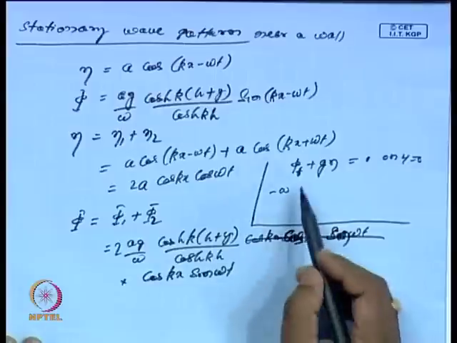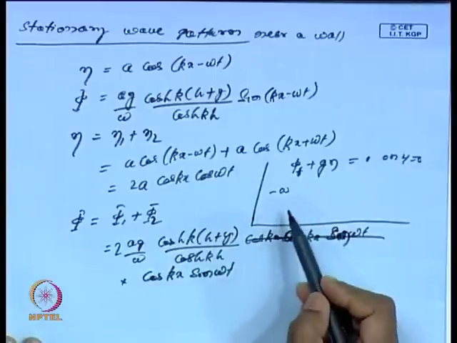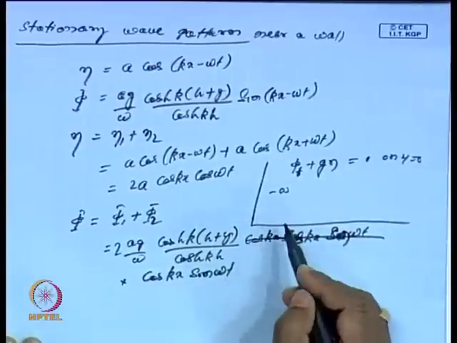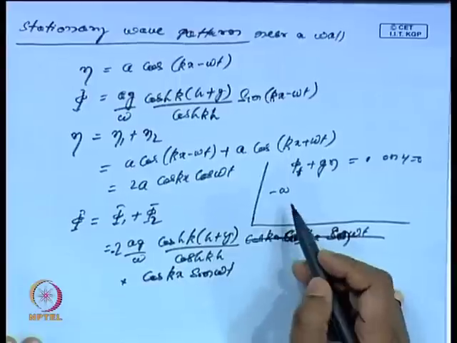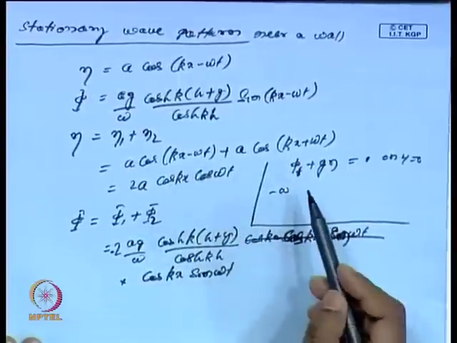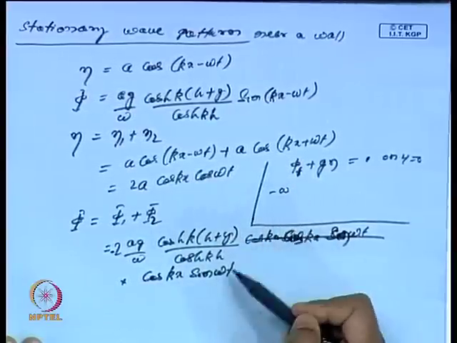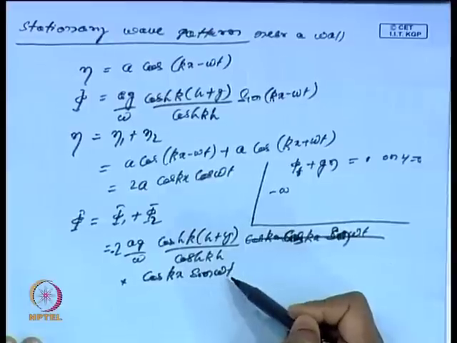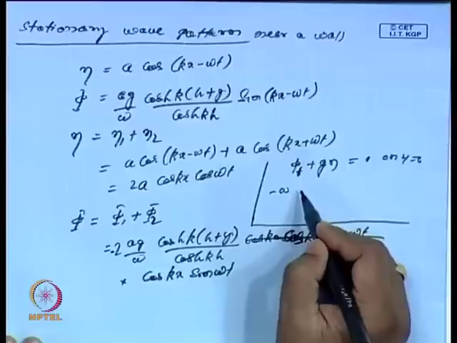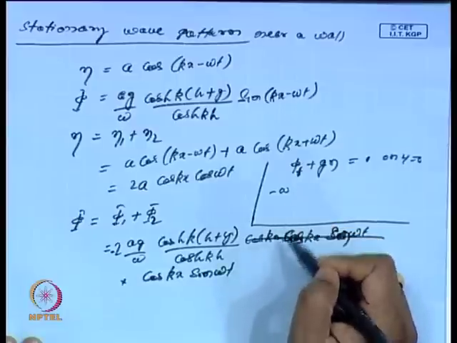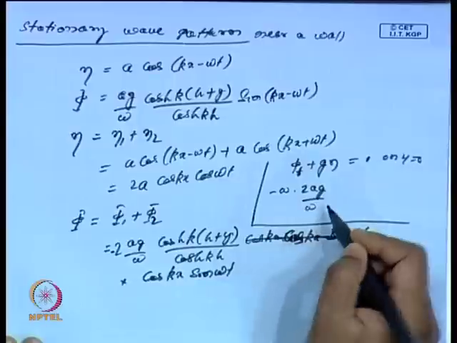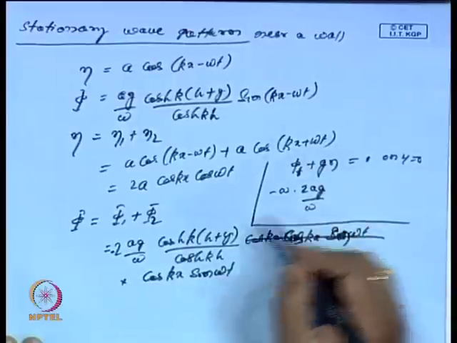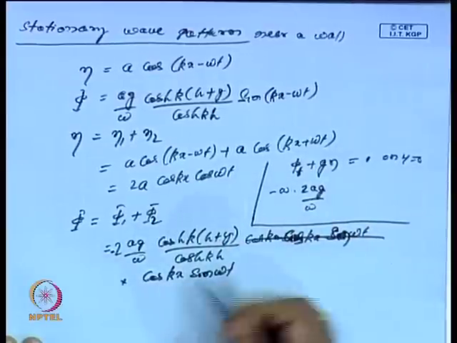Let me have a look at this. Minus omega, phi t is minus this, plus omega. Okay, I have a minus sin, minus omega, then we have 2a g by omega, and this is 1, cos kx.